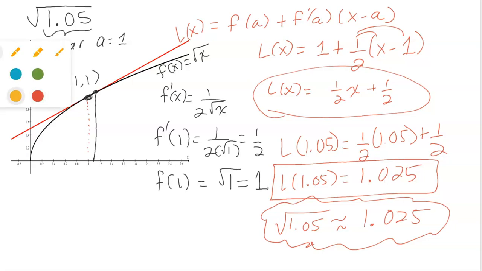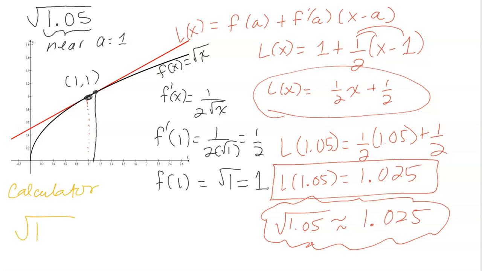Now, if you want to see how close this approximation is, if you use a calculator with the square root button, the square root of 1.05 is approximately 1.0246 something. So this is a very good approximation.